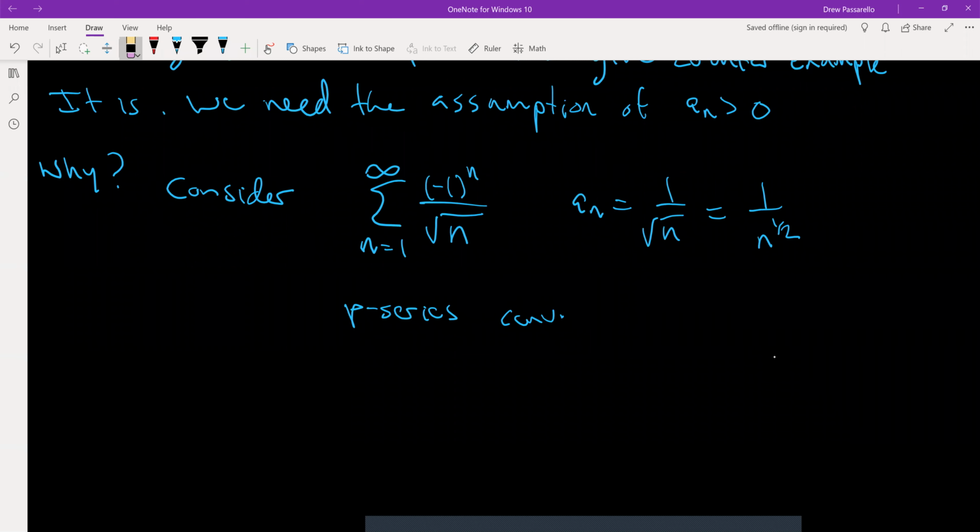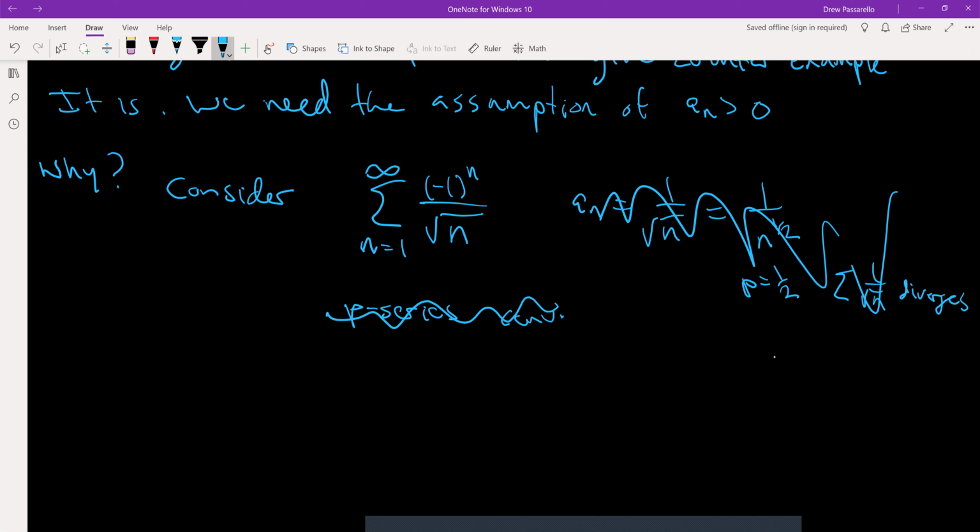That doesn't converge by p series, because p is 1/2 in this case, and so 1 over the square root of n actually diverges. All right, so ignore this, but the alternating series still does converge, and we still have terms that are not necessarily positive. It converges by alternating series test, though.